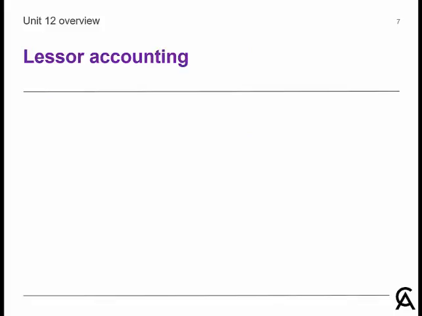Moving on to lessor accounting, you'll find that how you account for a lease from a lessor's perspective depends on how the lease is classified. It's effectively the same accounting treatment that applied to a lessor under the old accounting standard IAS 17, and you may remember that accounting treatment from your university studies.